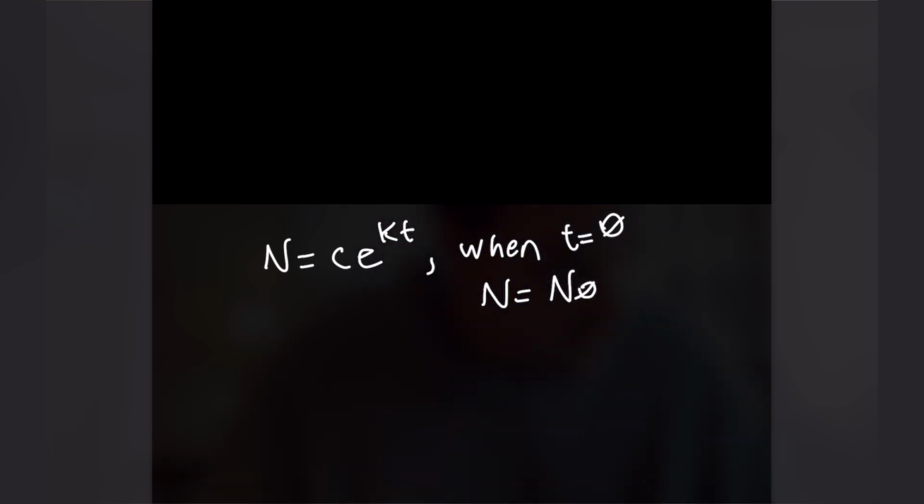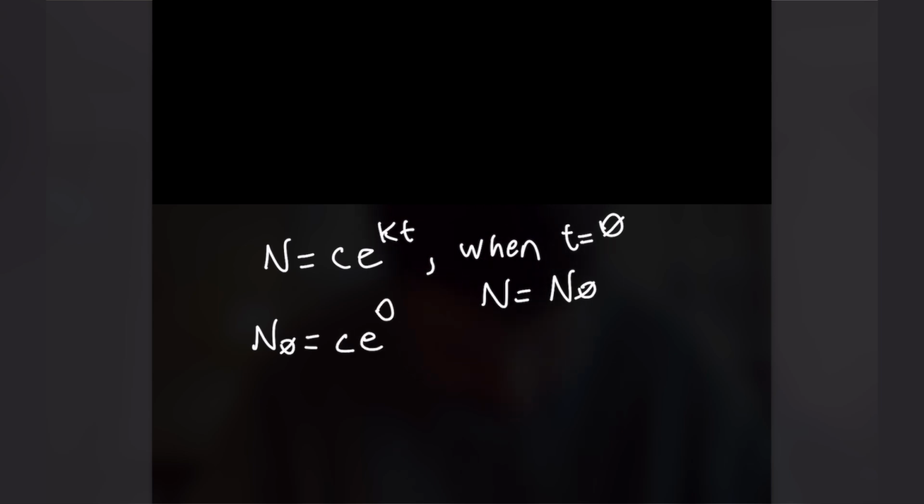Now from our initial conditions, we know when t is equal to 0, n is equal to n naught, which means that we can write this as n naught is equal to c times e to the 0th power, which means that our c is equal to n naught, which means we can write our new equation as n equals n naught times e to the kt.